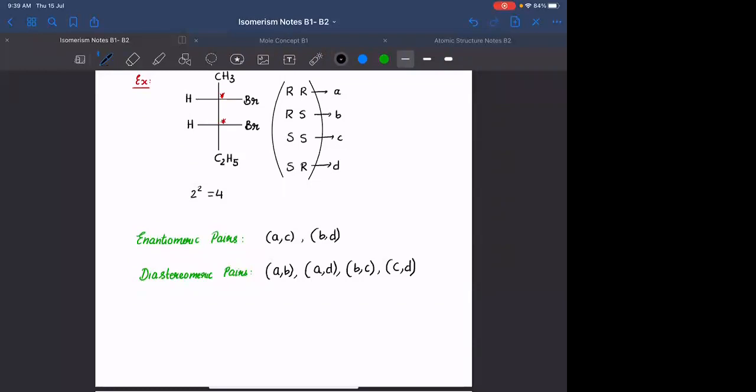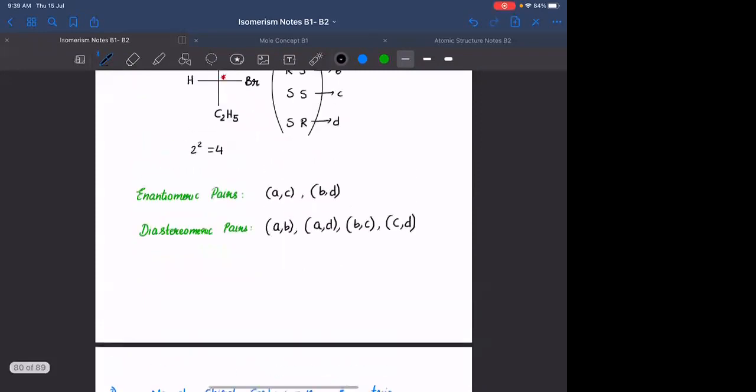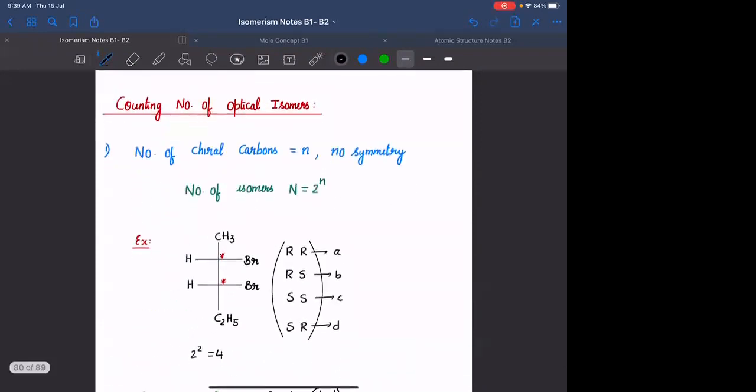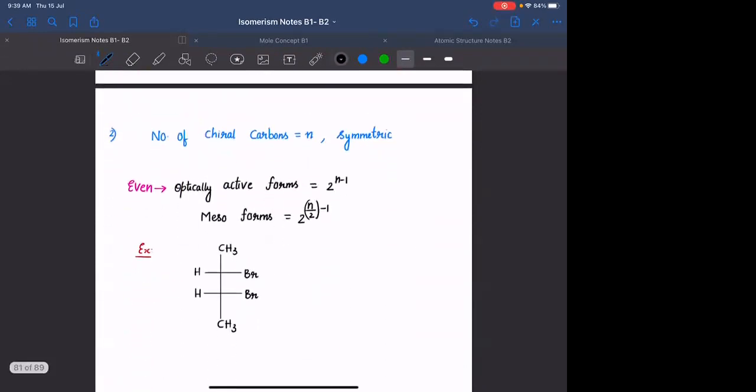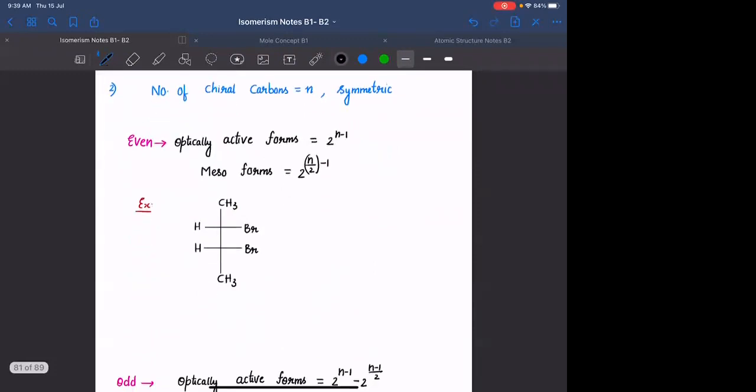So one of the common questions is they will ask you how many enantiomeric pairs are there and how many diastereomeric pairs are there. You can do that, right? Okay. This is if the molecule has no symmetry. If the molecule has symmetry, then what will happen? Some of the forms will be meso. Meso means they will be optically inactive. Even though they have chiral carbons, they will be optically inactive.